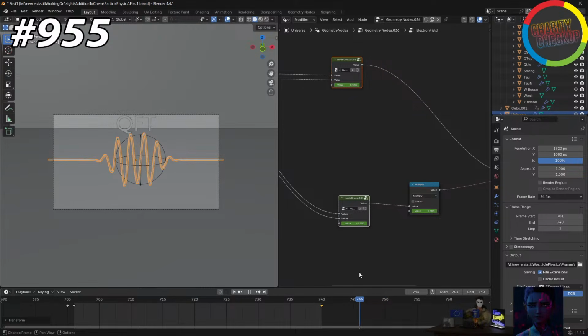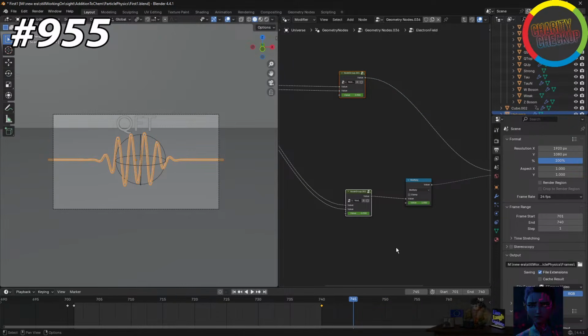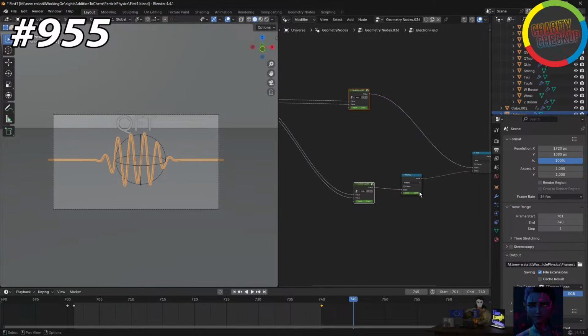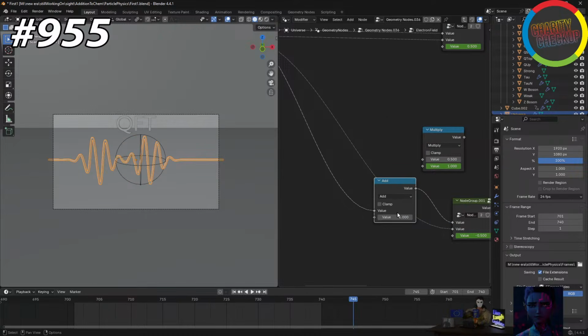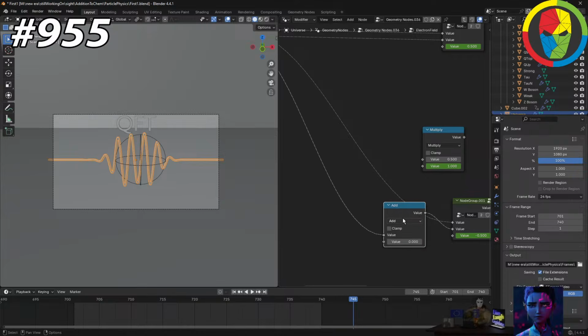Okay, so this is effectively the sigma bond. Now, quick question. How would anti-bonding work? Would it be like this? Wait, no. But even this is anti-bonding.